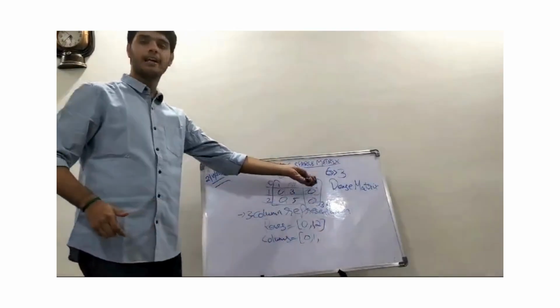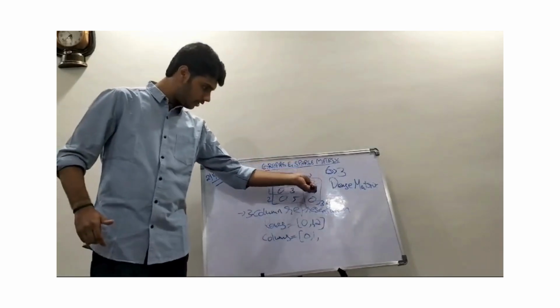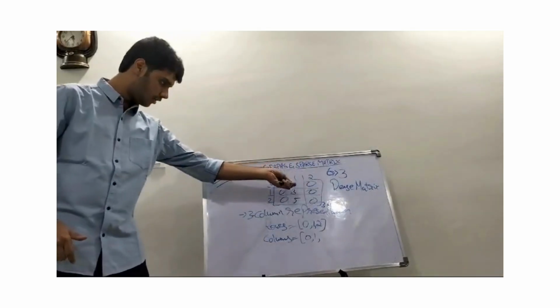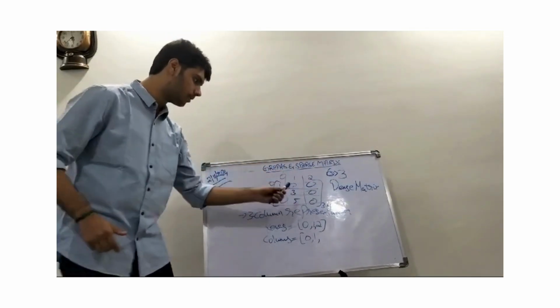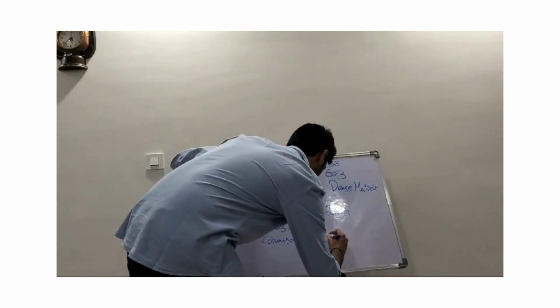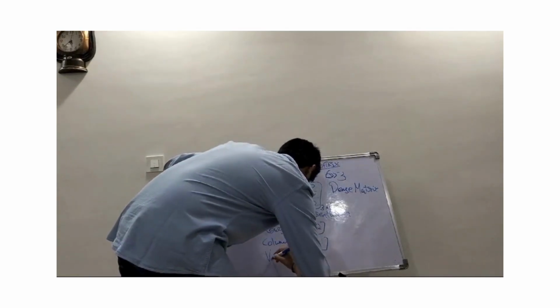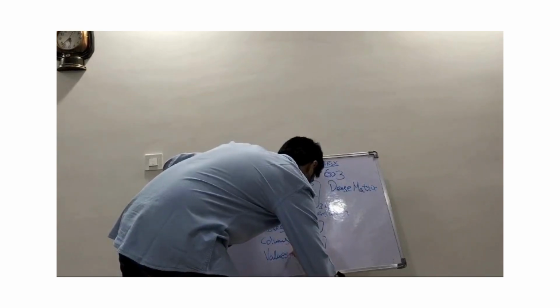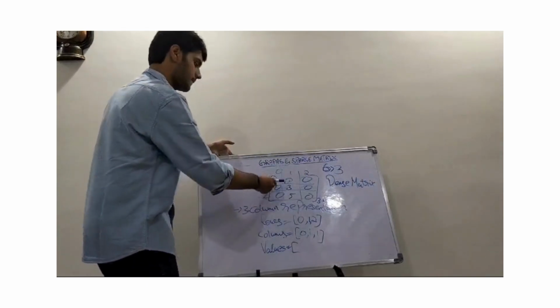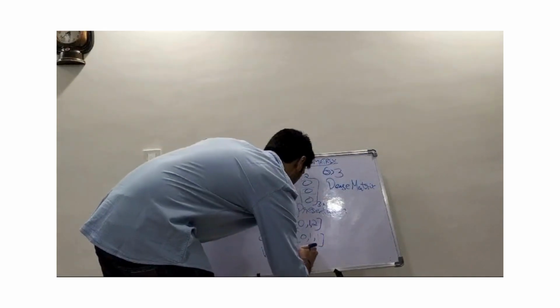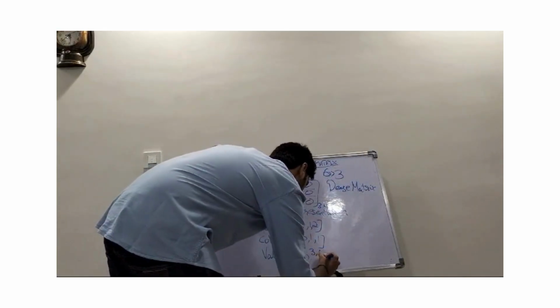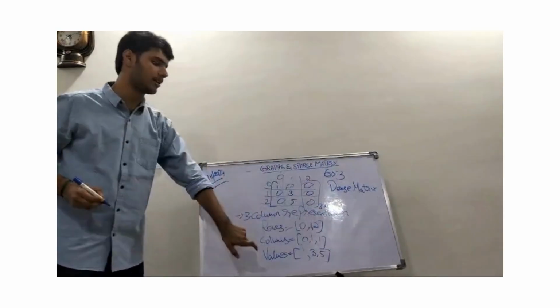Now if you go to the second column, we do not have any non-zero value here. The third non-zero value is again in the first column, so we write it as 1. The values are 1, 3, 5.